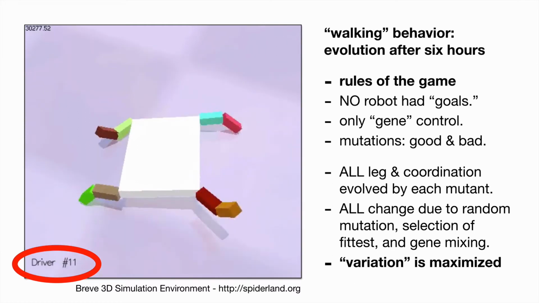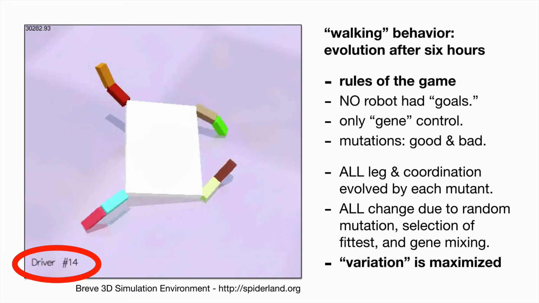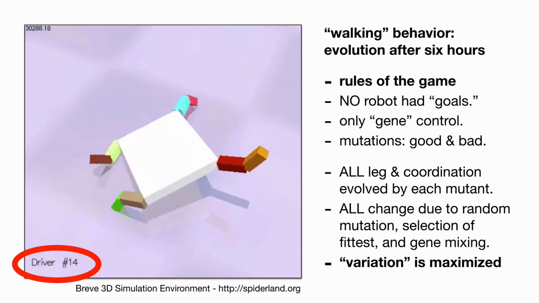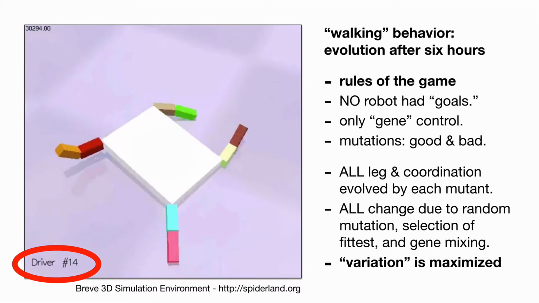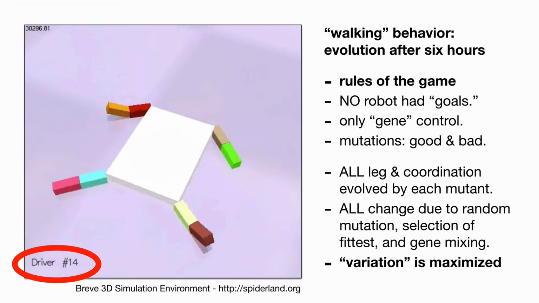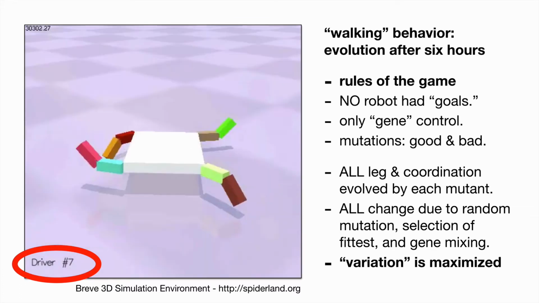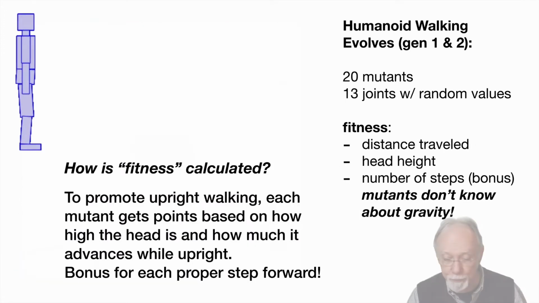So the coordination in this one is amazing in mutant number 11. Really, really wild. But one of the features of genetic algorithms is that the variation is maximized. It doesn't just go better, better, better, better. It goes better, better, better, worse, worse, worse, both of them together.